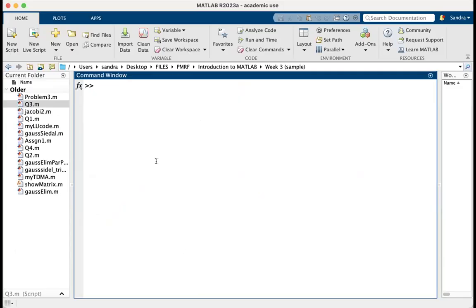I hope you can see Matlab right now. So let's write the A matrix.